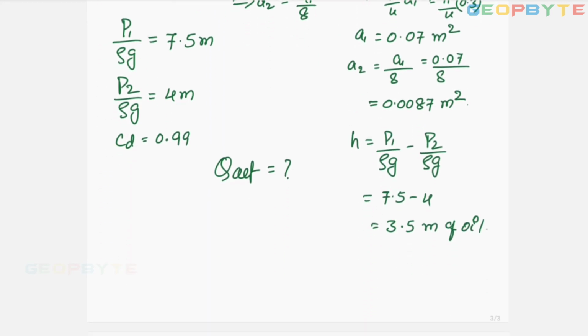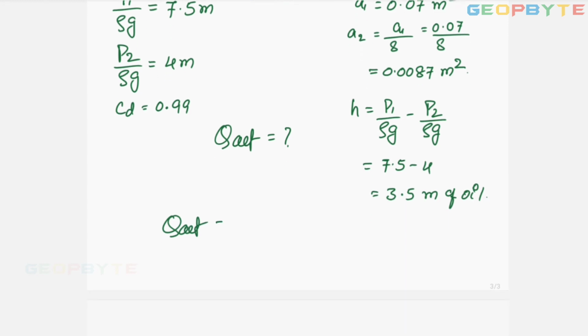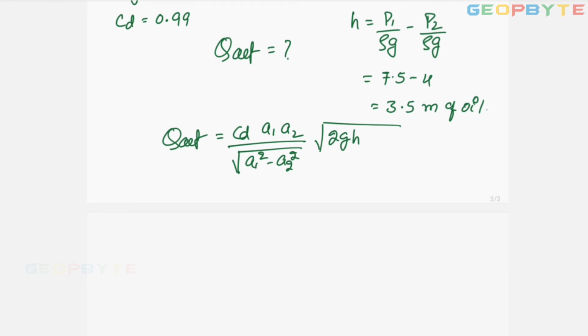Then actual discharge equal to CD times A1 A2 by root over A1 square minus A2 square into 2GH.